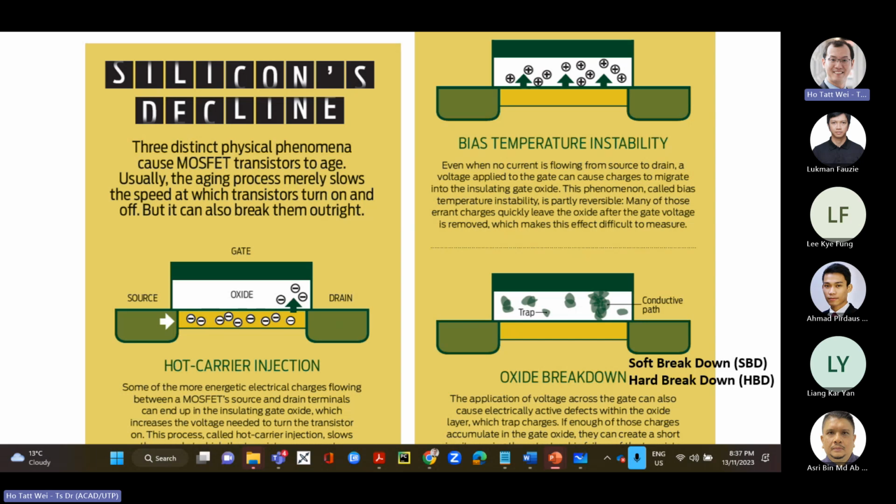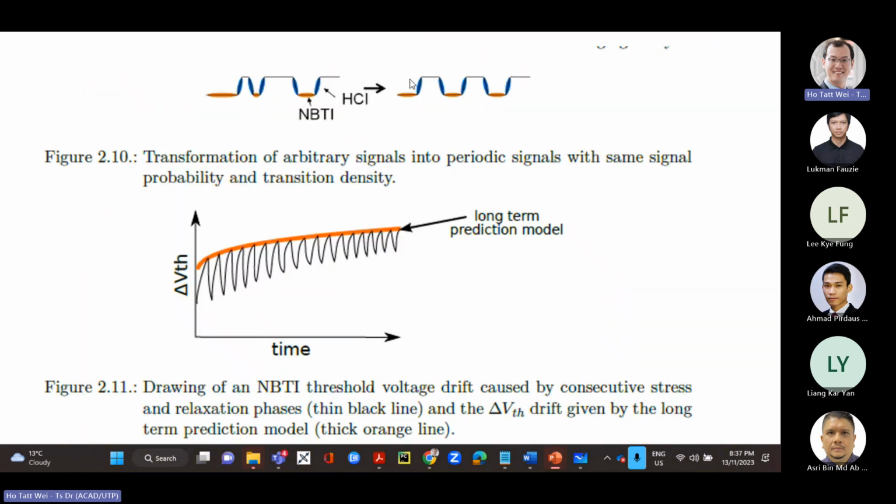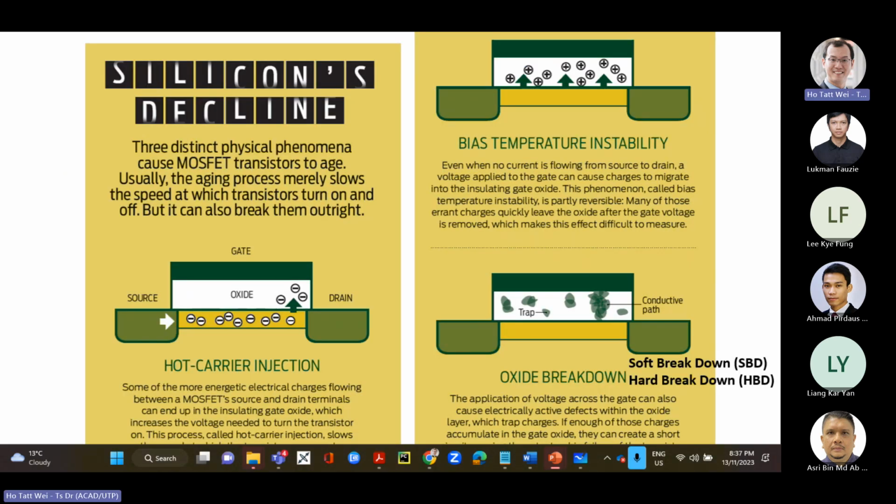Since HCI is dependent on the current, NMOS and PMOS are sort of equivalent in terms of number of transitions, right? BTI is a little bit interesting because you need to have a particular situation at the gate. In the case of NMOS, if this is logic 0, there's no channel here.